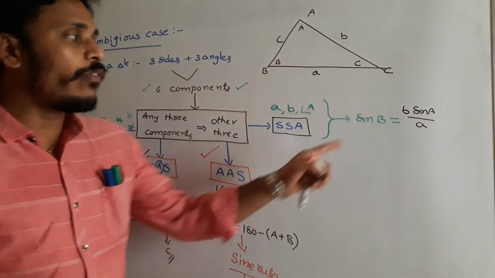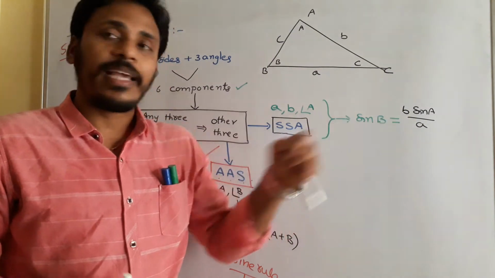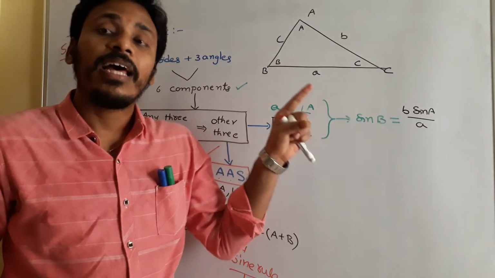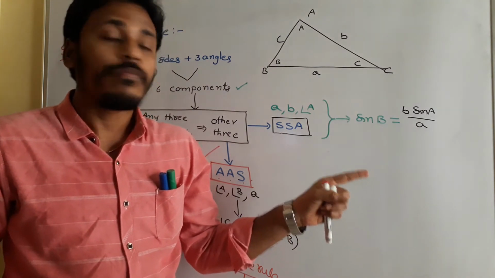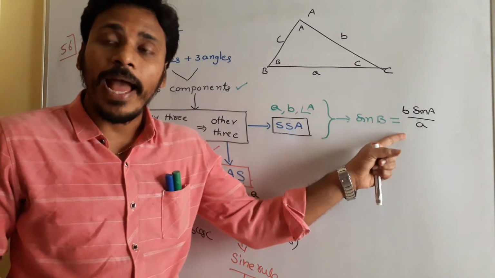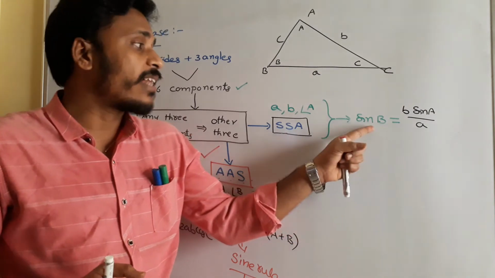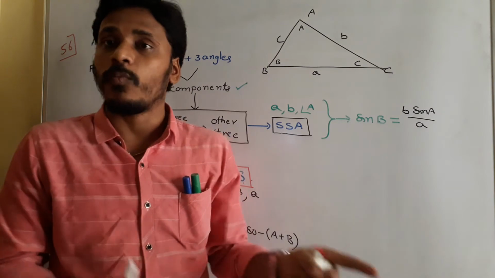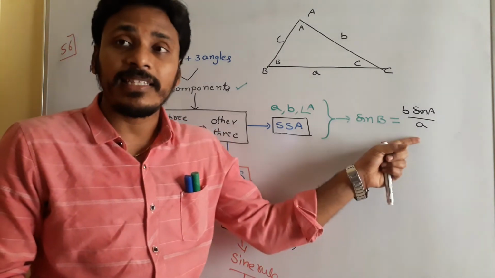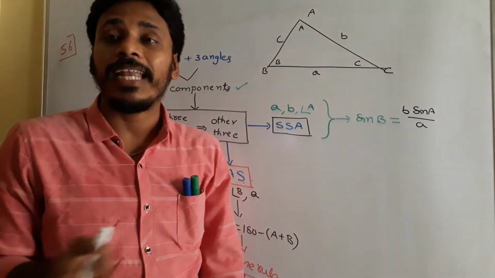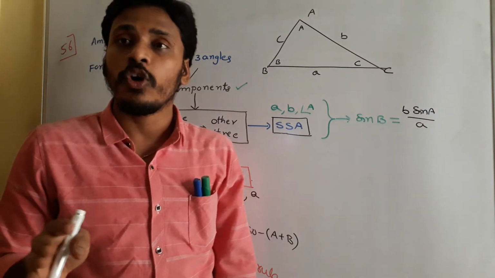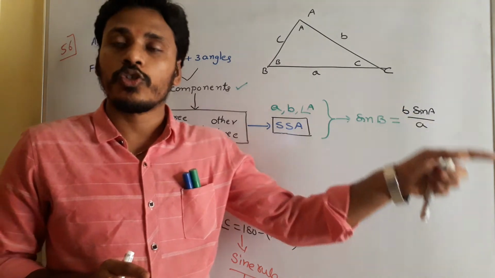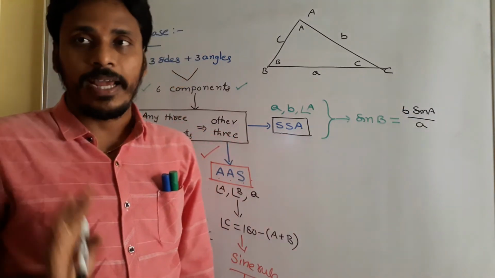If you calculate this value b sine A by a, we don't know that value. If it is greater than 1, sine B is greater than 1. Sine of an angle is never greater than 1, so you can't get angle B. That represents there is no triangle. If it is equals to 1, then angle B is equals to 90 degrees, and you have one triangle.